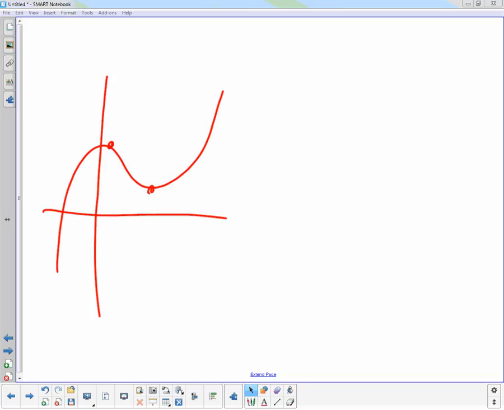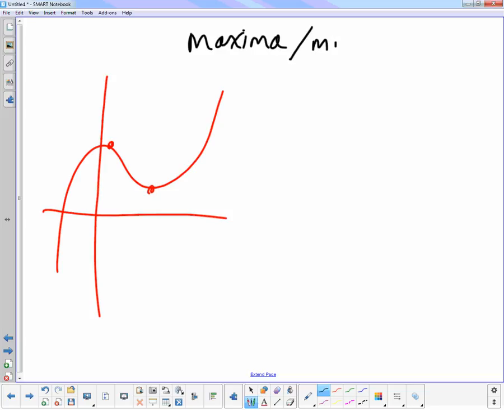We have been using the first derivative to find out where our maxima and our minima are. Just to recap, maxima and minima are found by taking the first derivative and setting it equal to 0.